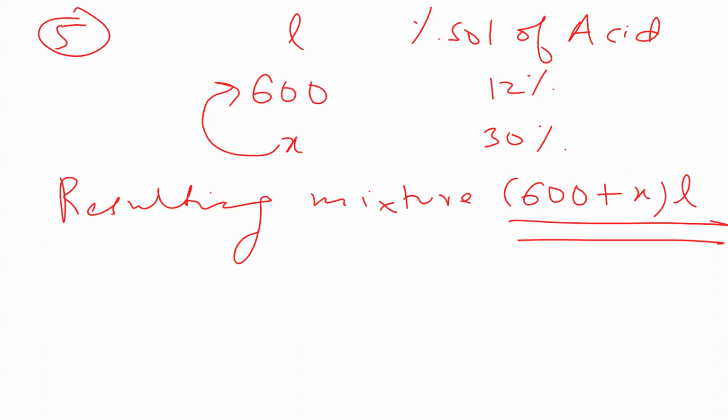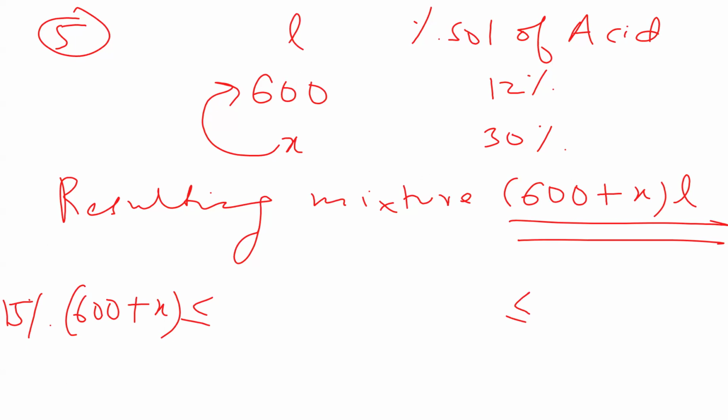Now the resulting mixture will have more than 15% but less than 18% acid. So 15% of 600 plus x. The percentage concentration should be 15% of the total liters. Total liters is now not 600, it is 600 plus x.